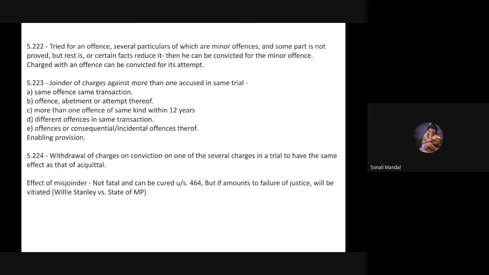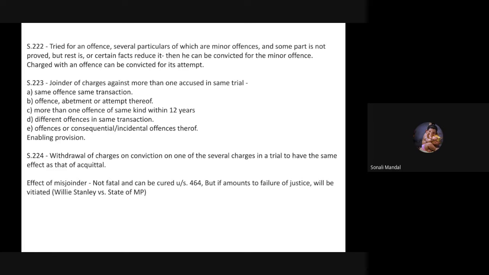Now another thing is offenses which are consequential offenses or incidental offenses thereof. For example, theft, receiver of stolen property, or attempt to counterfeit coins, and then abetment to counterfeit coins, and the offense of counterfeiting coins. They can be tried together.